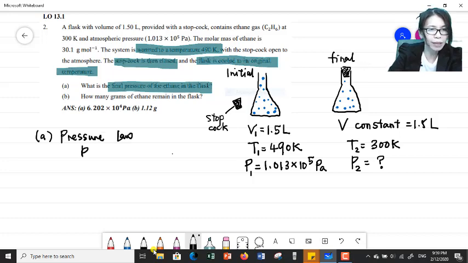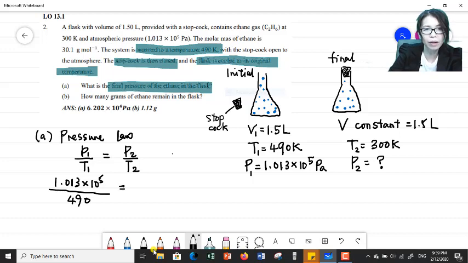We have P1 over T1 equal to P2 over T2. Then we put in the values. My P1 is 1.013 × 10^5. The temperature initially is 490. I want to find my final pressure, where the temperature is 300 Kelvin.